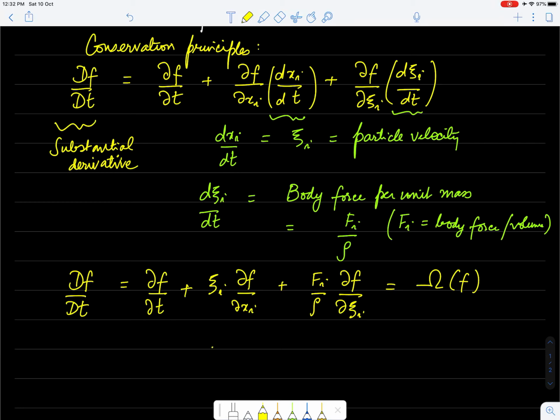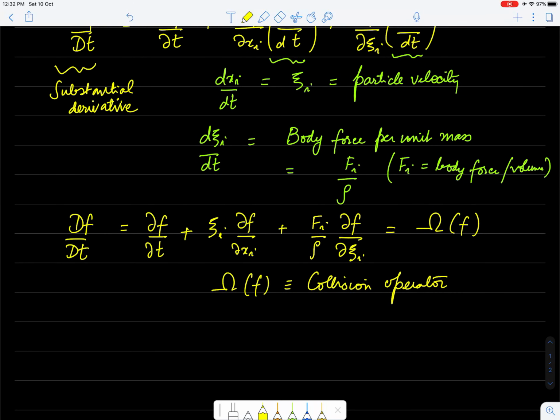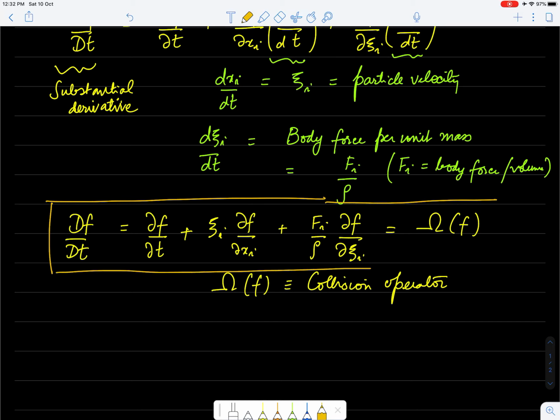Omega of f is what we call a collision operator, and it's a complex integral. And what we now have is our Boltzmann equation, so to speak.